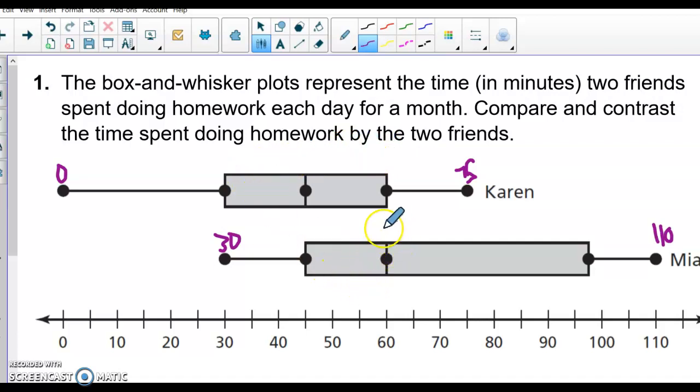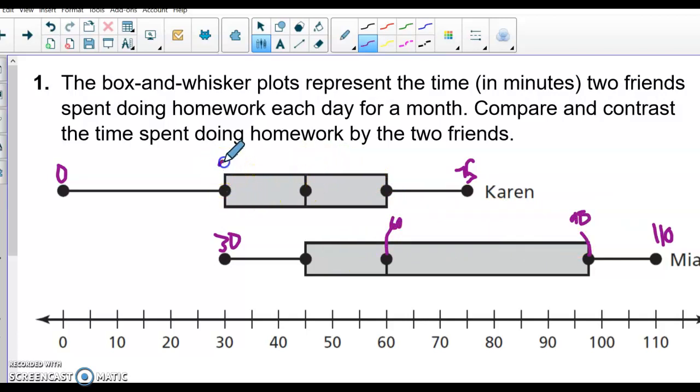You can see that Mia's box is longer, so 60 to, let's say, 98. That has more variability, so she's got more variety between the hour and the hour and a half time frame. So she might spend more hours. She's got more variability right there. And then you can see that Karen's just more consistent.